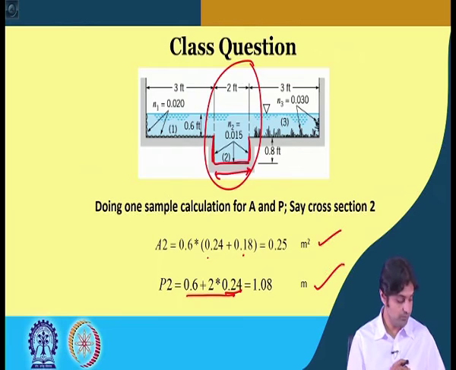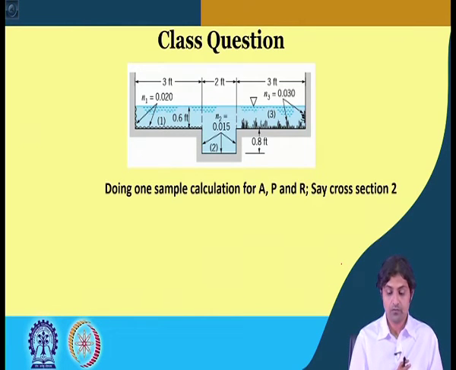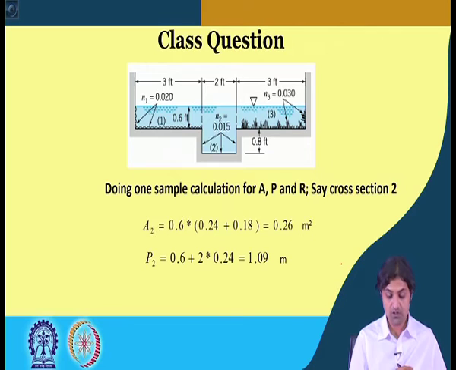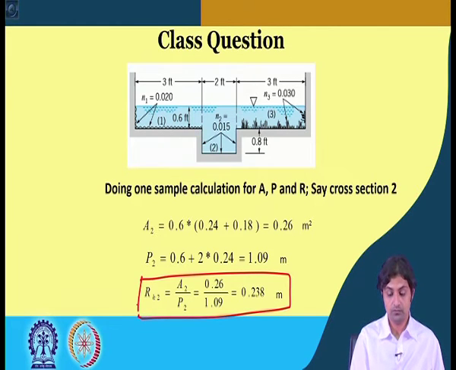All right. So, A2 was 0.26 meter square and P was 1.09. So, hydraulic radius is going to be 0.26 divided by 1.09, which comes out to be 0.238 meter. All right.